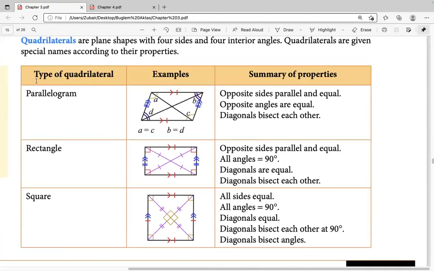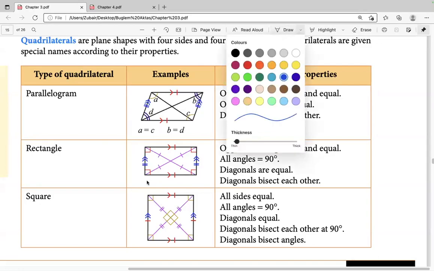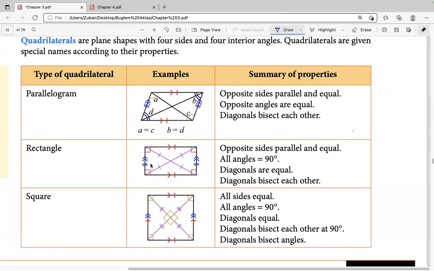Okay, a quick recap of the properties. We know that a parallelogram has opposite sides of equal length. Opposite angles are equal. For a rectangle, the same properties apply. The diagonal lengths of a rectangle are equal, but mostly we'll be dealing with angles only, not the lengths, in this chapter.